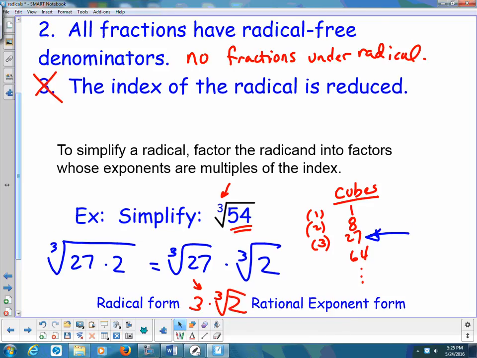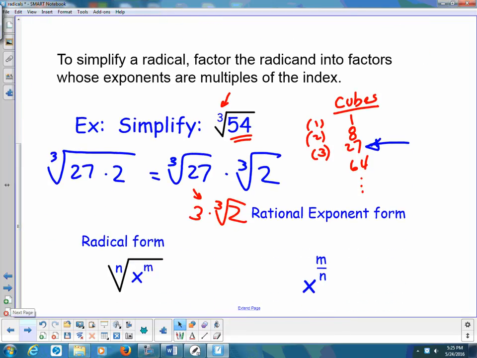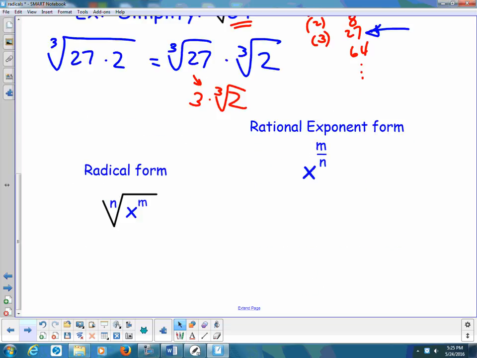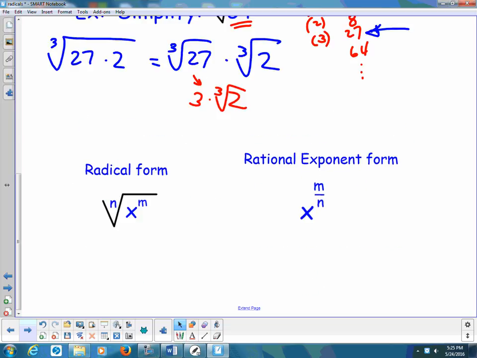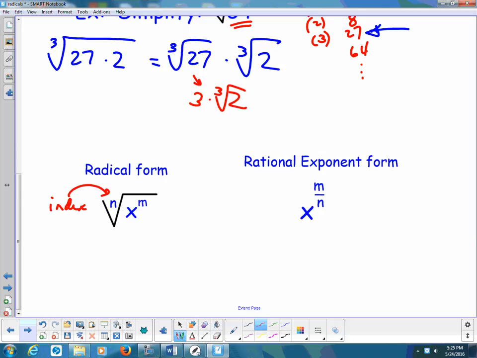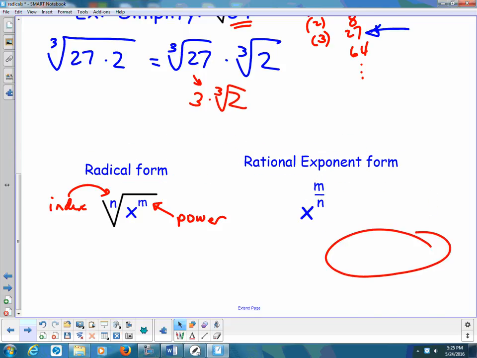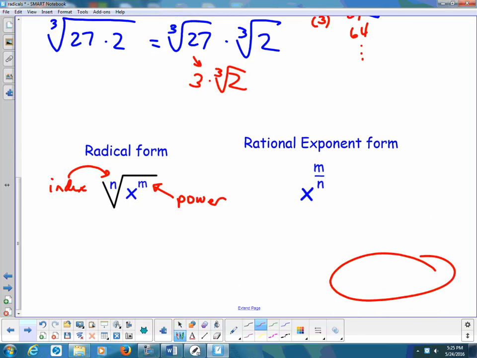All right, let's talk about how we can go from radical form to rational exponent form. Radical form is what we've been talking about. You've got some number here as the index, right? And you have some number here as a power. But if I want to go from radical form to rational exponent form, we're going to need to rewrite it so it's the same base of x raised to a fraction instead of under a radical.